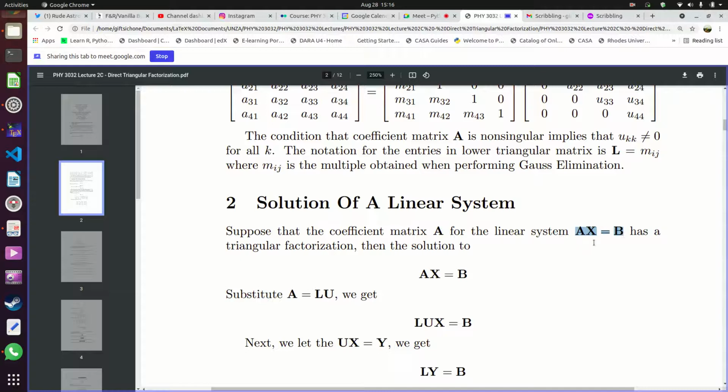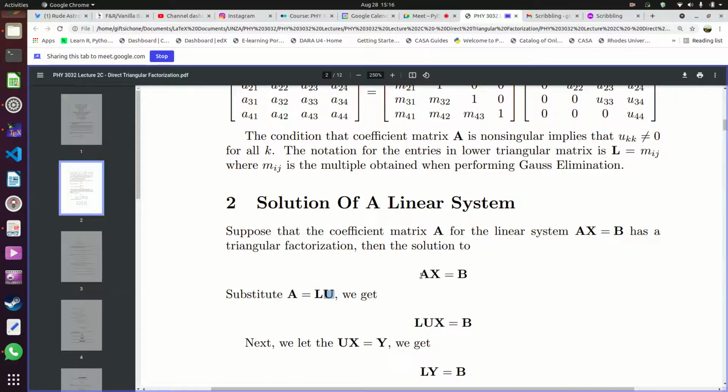Now, as we are trying to solve AX equals B, before we solve this, we are going to split our matrix A into a lower triangular matrix and an upper triangular matrix.